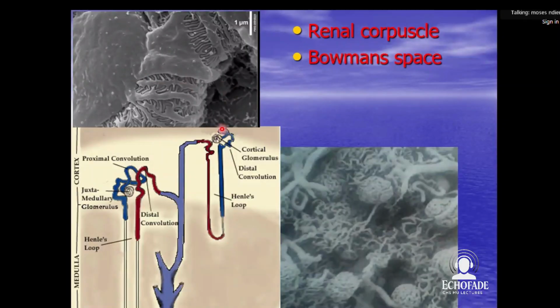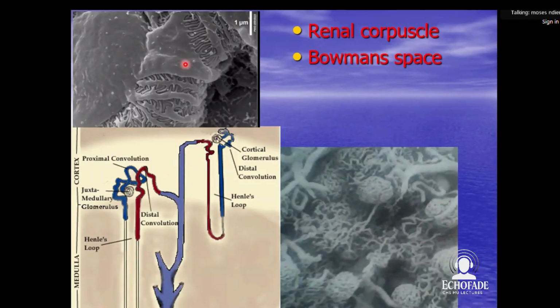Within this space where we have the podocytes, we also have other cells that we refer to as intraglomerular mesangial cells. What will be the functions of these intraglomerular mesangial cells?